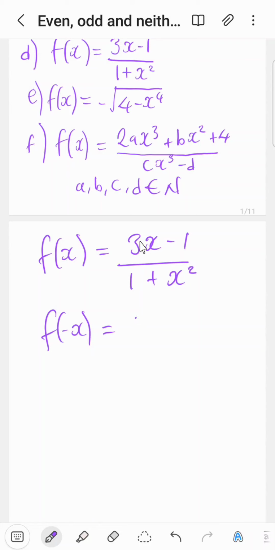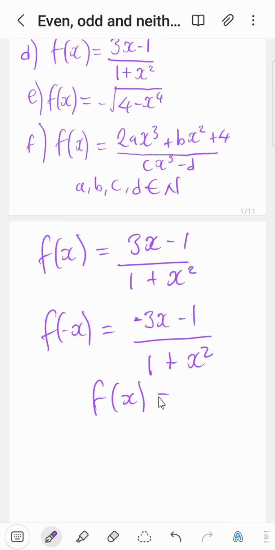So when you place negative x there, you're going to have negative 3x minus 1 over 1 plus, when you place negative x there, you're going to have x squared. Okay, so f of x is not equal to f of negative x.